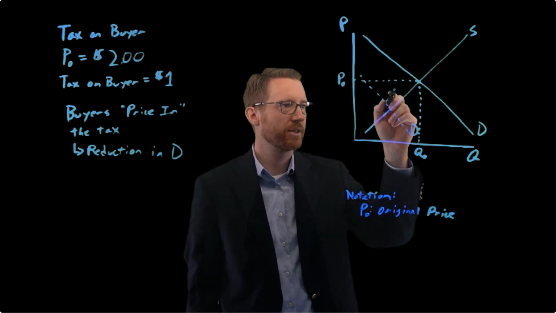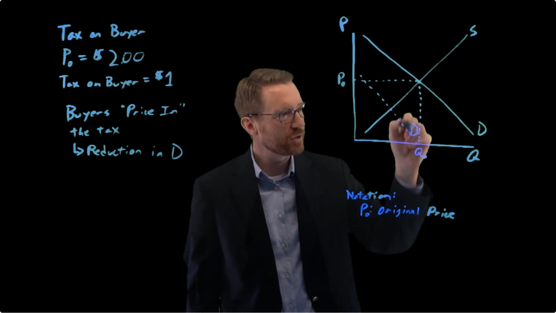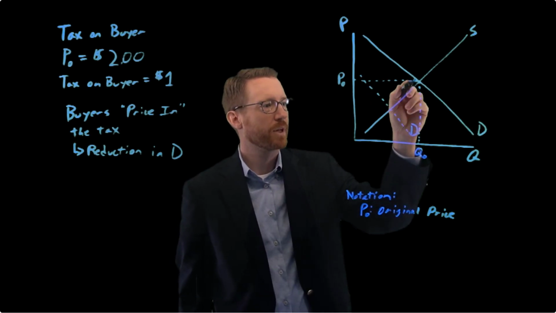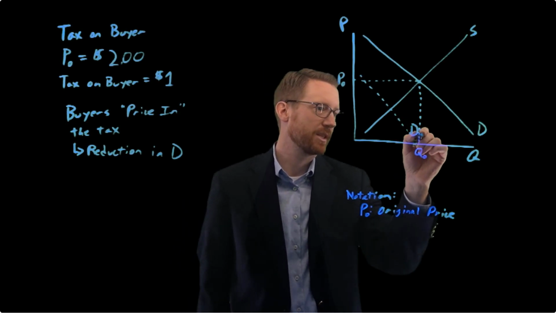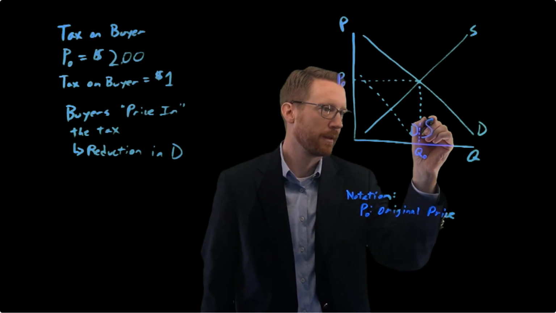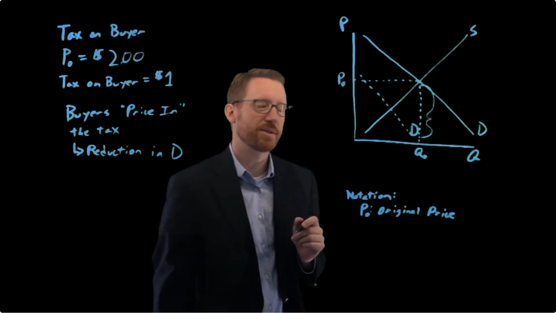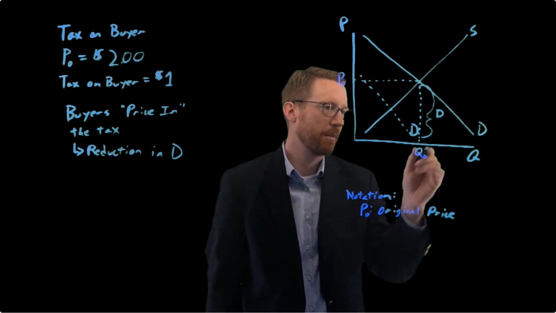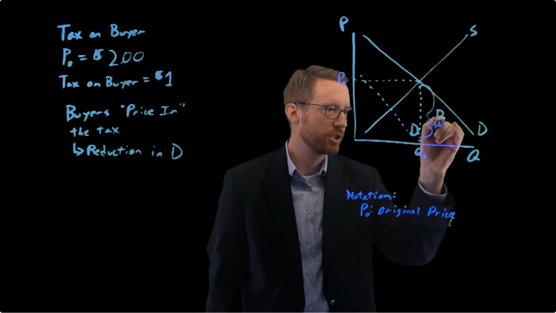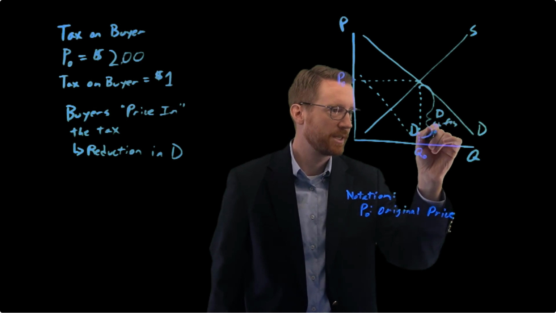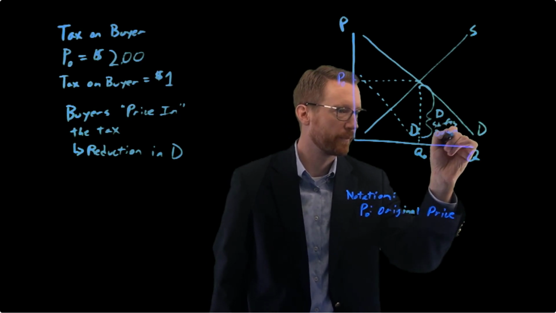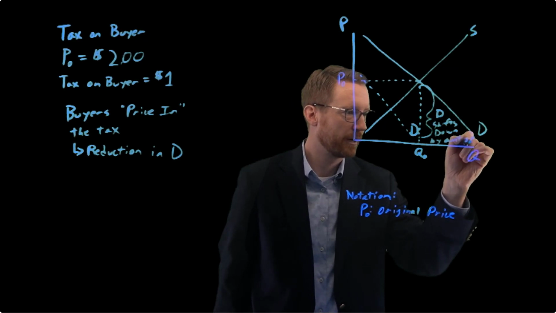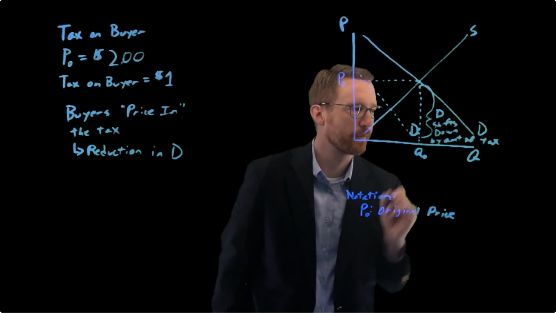Well, it shifts until the vertical distance, the vertical distance is our price, until that vertical distance is the amount of the tax. So demand shifts down by the amount of the tax.